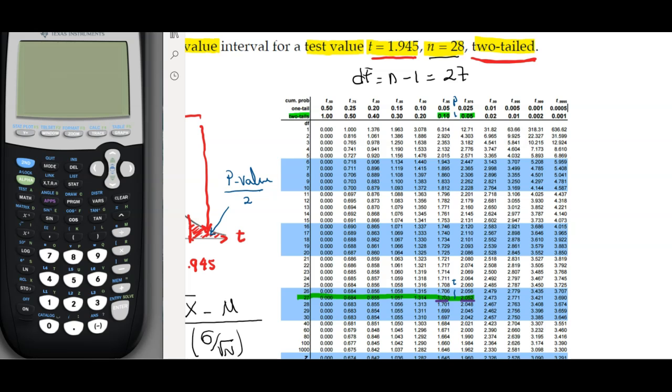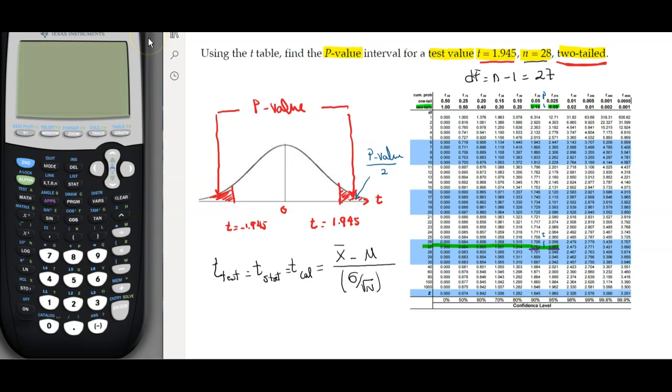So my conclusion, my p-value would be in between these two values that I just found, 0.1 and 0.05. Please notice they are not in order, so you have to put the smallest one first, which is 0.05 in here, and 0.1 in here.